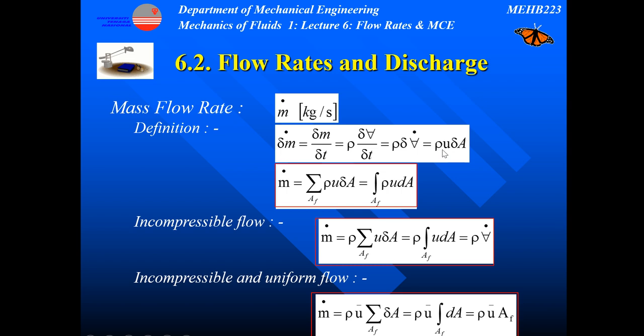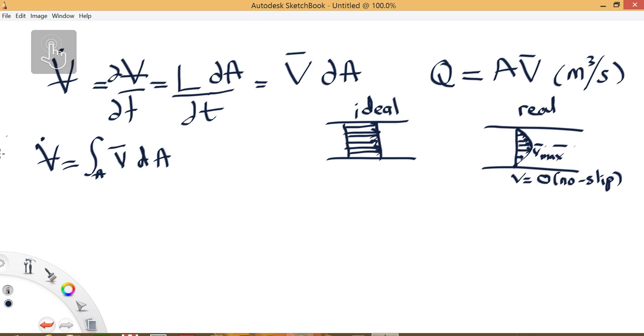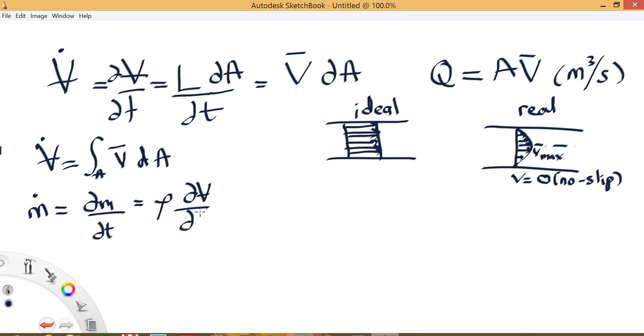So you will get rho u dA. I will write this again below. So m dot is dm dt. m is rho times volume, dt.